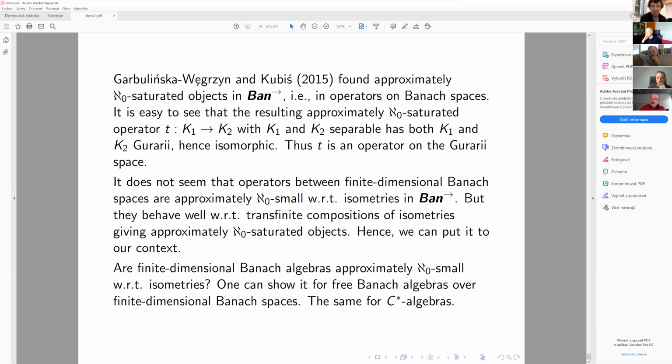Jirka, you mentioned in passing that the forgetful functor from Banach spaces to metric spaces preserves directed colimits. Is it true? Yes, I believe that it is. If my proof is correct, yes. Okay.